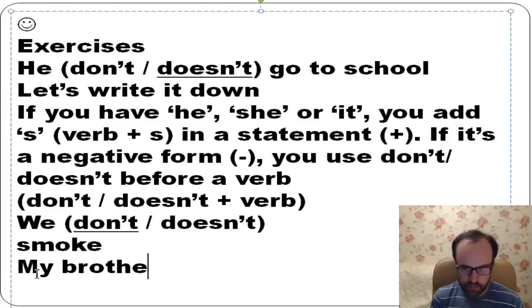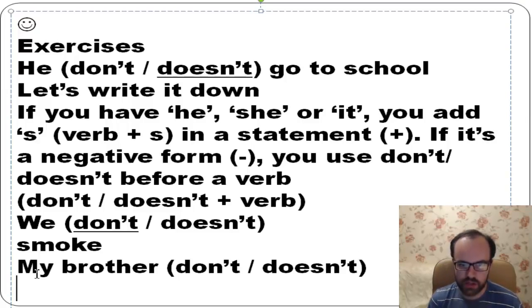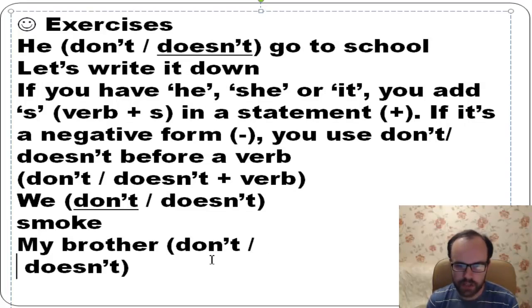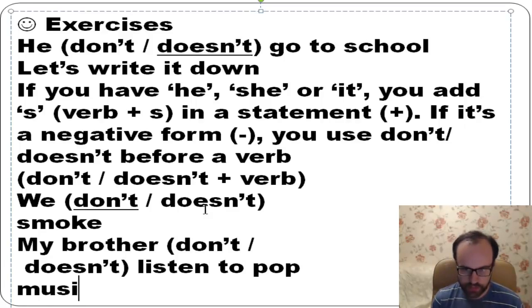My brother, don't or doesn't listen to pop music? So don't or doesn't and why?